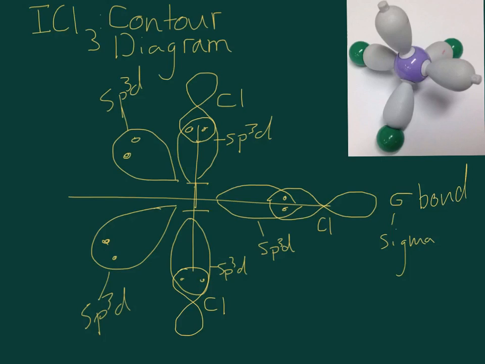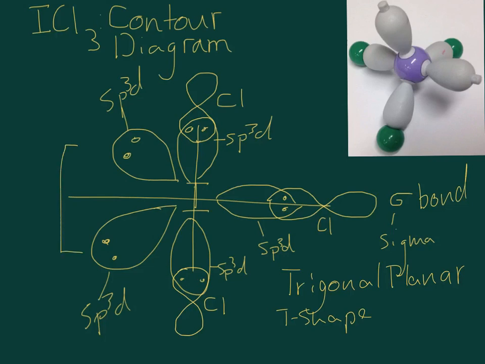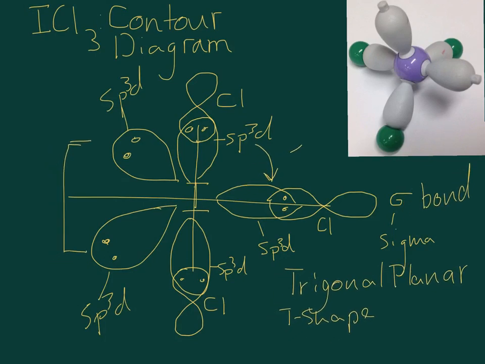This molecule is still trigonal planar with a T-shape influenced by these two lone pairs of electrons attached to the iodine atom, which decrease the space between the chlorine atoms to less than 90 degrees.